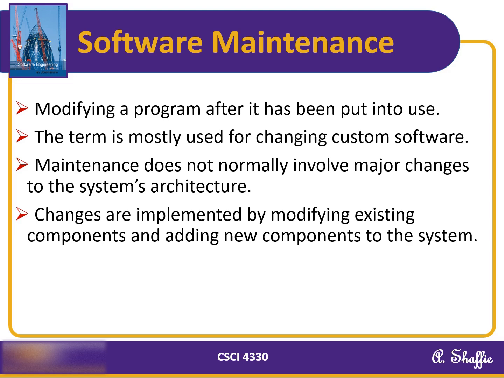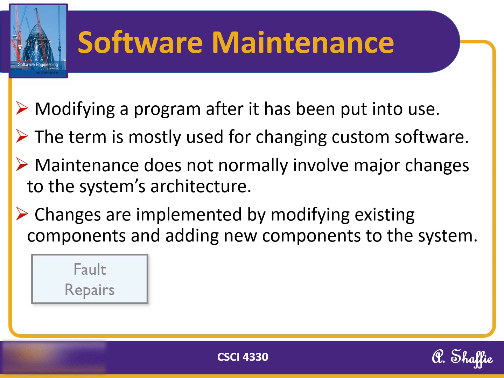The main difference is we use the term maintenance when we are talking about changes to custom-made software. On the other hand, the term evolution is more commonly used when referring to changes in generic or commercial off-the-shelf software. In software maintenance, there are three main tasks.